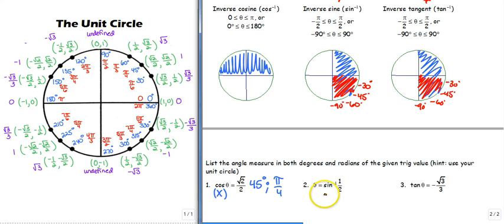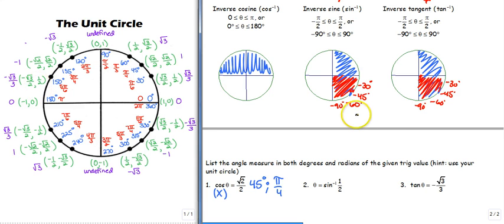So if I want to find what angle gives me a sine ratio of 1/2, we go to our unit circle. Sine means that we are looking for our y value. What y value is a positive 1/2. It's found right here at 30 degrees and it's found here at 150.